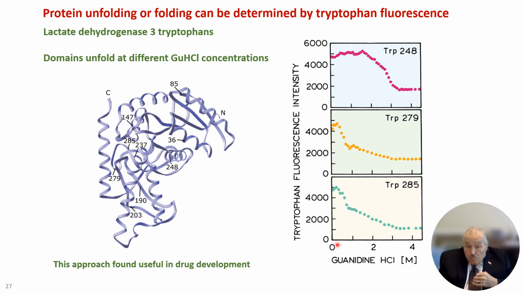And what you can notice is that for tryptophans in different domains, they either denatured very quickly with guanidine, or they were much more restrictive and held together longer with guanidine hydrochloride. And that can tell you something about unfolding of proteins.